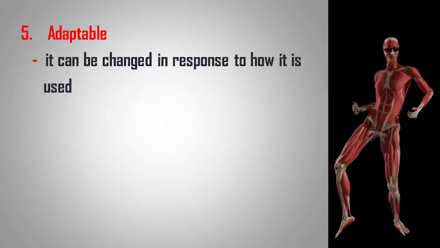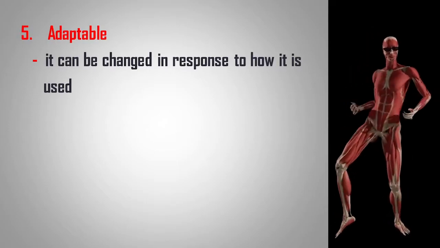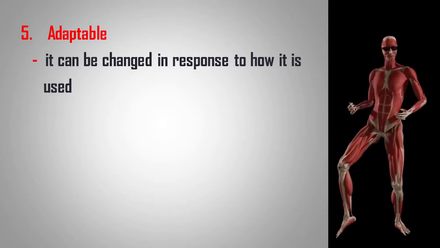Okay. Muscles are also adaptable. So it can be changed according to how it is used. For people who always go to the gym or do exercises like jogging, running, swimming, the tendency is they would develop their muscles.